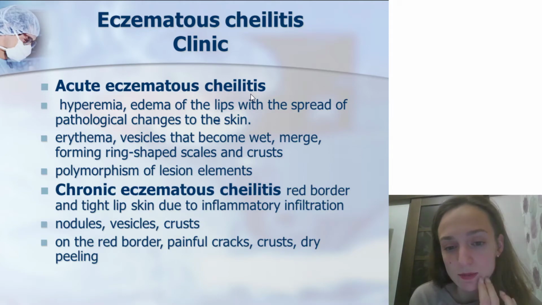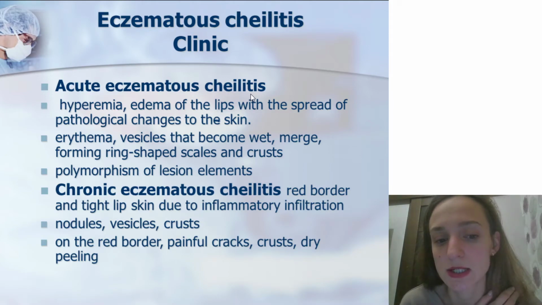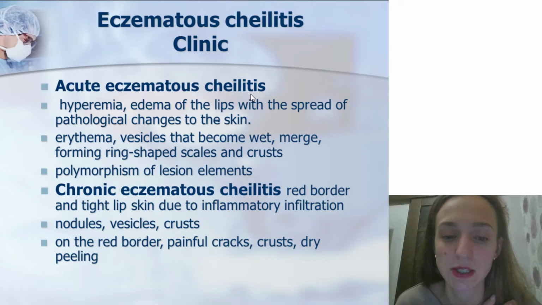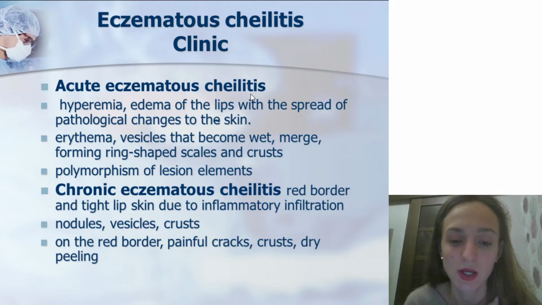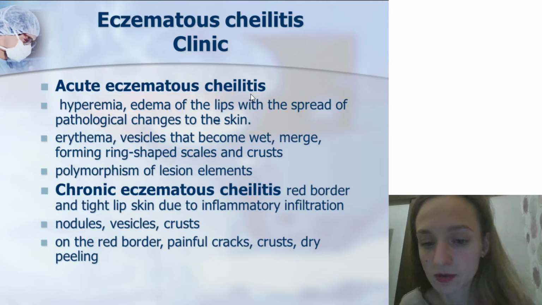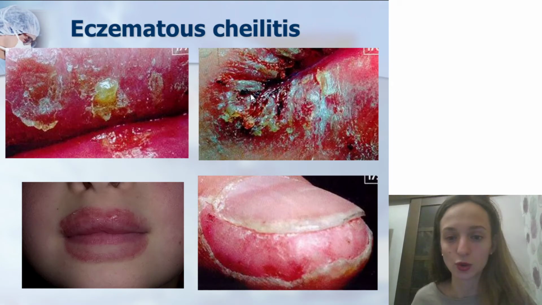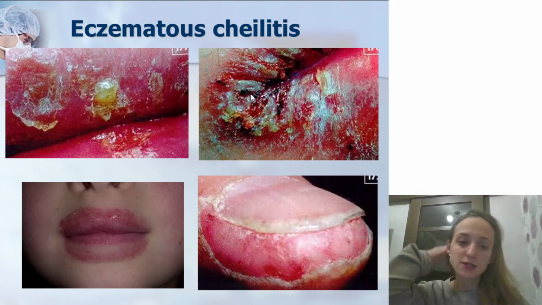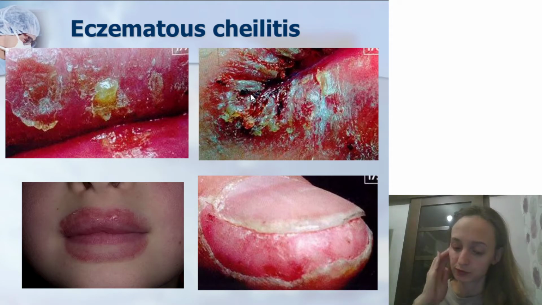And chronic eczematous cheilitis: red border and tight lip skin due to inflammatory infiltration. And we can see nodules, vesicles, crusts on the red border, and painful cracks, crusts, and dry peeling. Look please, this is eczematous cheilitis in its clinical pages.